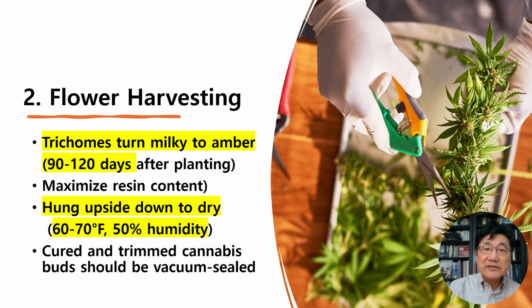Proper techniques involve drying at 60 to 70 degrees Fahrenheit with 50 to 60% humidity to maximize quality, while early or late harvesting reduces cannabinoid content.